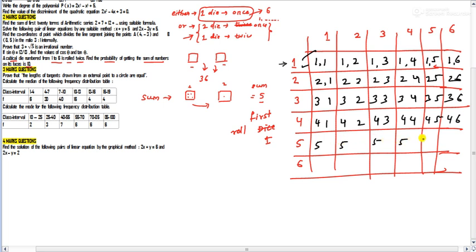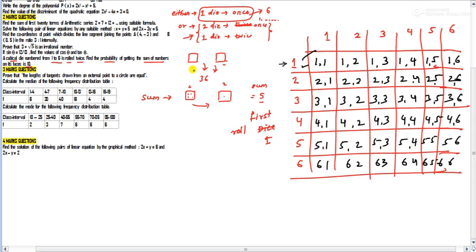I hope you people are getting how to draw this table. 1 2 3 4 5 6, then again 6 everywhere, and then you have to write 1 2 3 4 5 6, and there should be a comma between them. This is very important. If you don't write the comma, it will look like a 2-digit number. Got it? So the comma is very important.